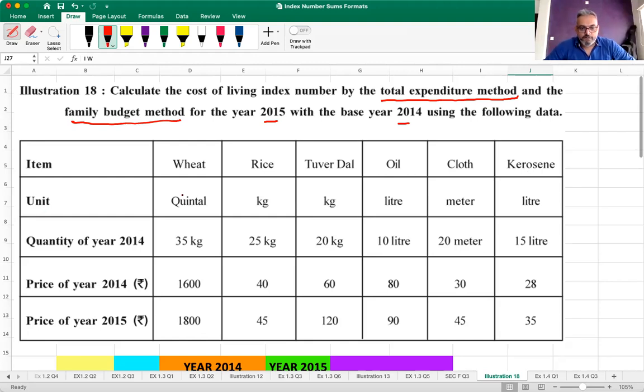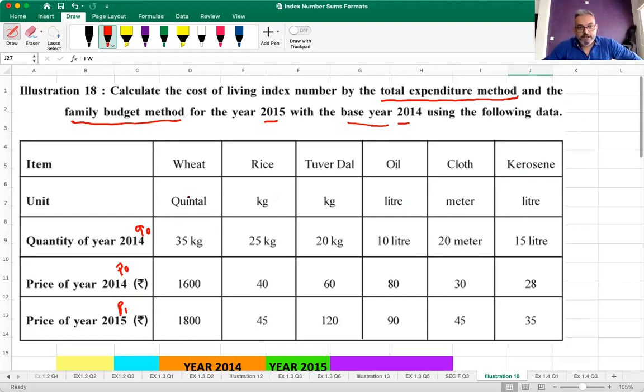Unit: wheat quintal, rice kg, tur dal kg, oil liter, cloth meter, kerosene liter. Now, quantity for the year 2014, so Q0, because that's the base year, then price of 2014, P0, and price of 2015, P1.